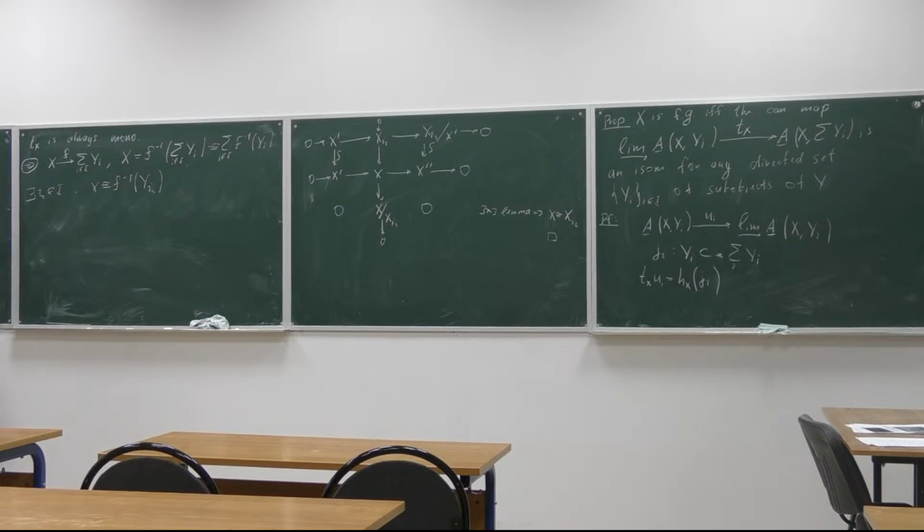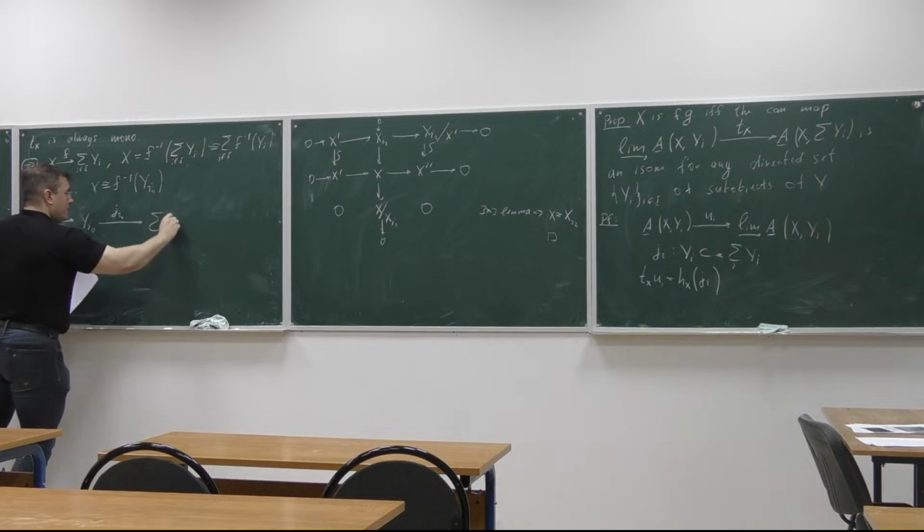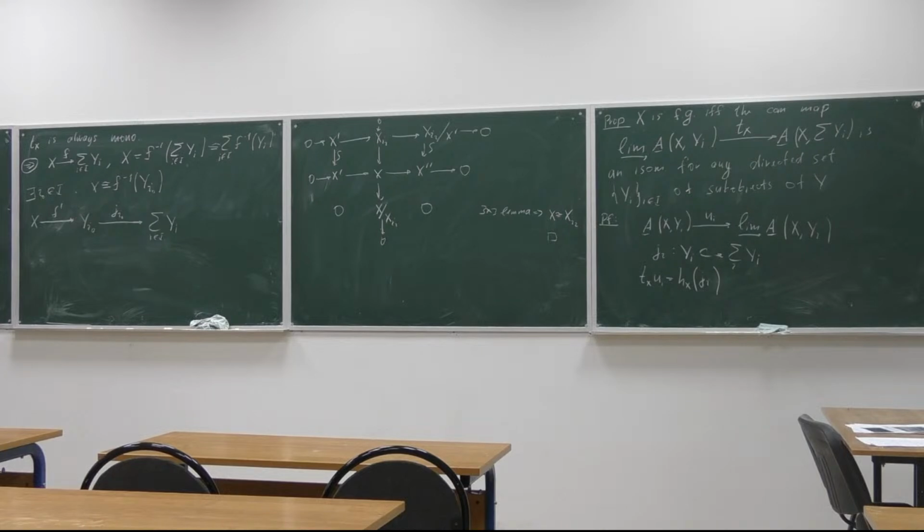Okay, but if we have this, it actually means that the map we started with, this map f, is a composition of two maps. There is a map from x to the y I naught. Let's call this f prime. And then this has a canonical monomorphism j sub I naught to the sum. So you see that this map factors through the y I naught.